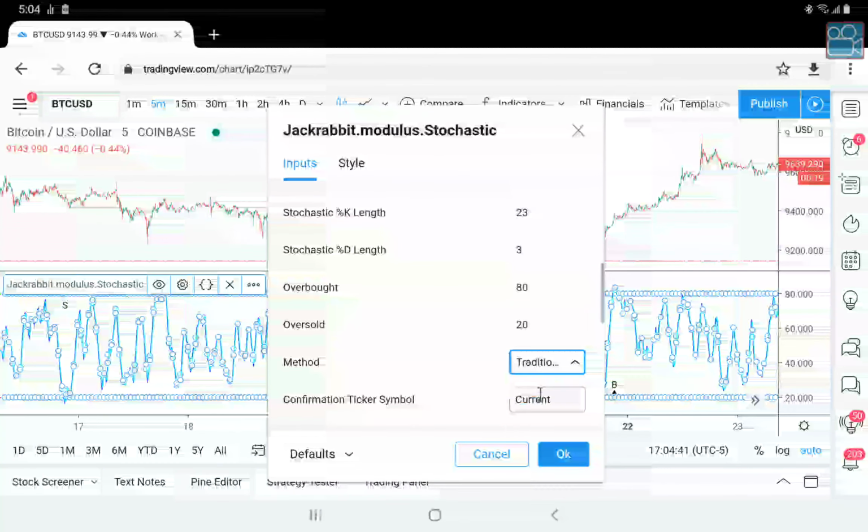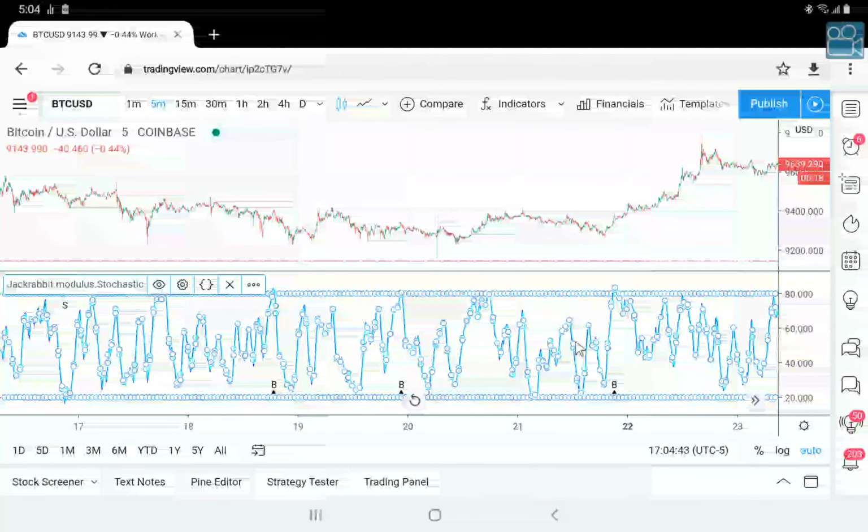So let's go to traditional, and you'll see the difference. Still not enough to bump it. Well, I bumped it into a buy signal.